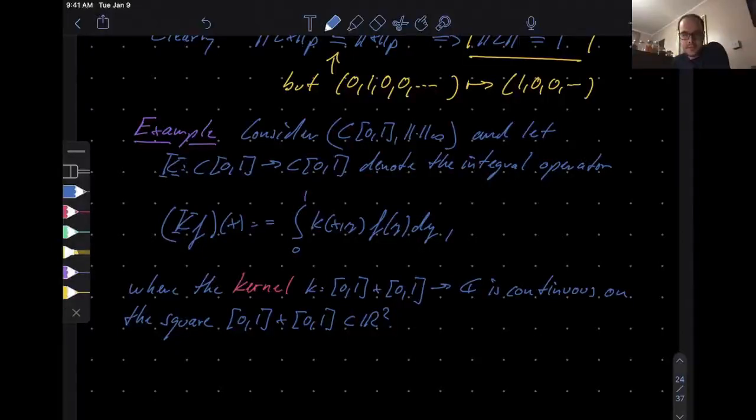At the end of the last video I was discussing a few examples of bounded linear transformations on some normed linear spaces, and we essentially computed the operator norms for those transformations. Now, these examples were linear maps on a finite dimensional space. That is always going to be a bounded linear transformation.